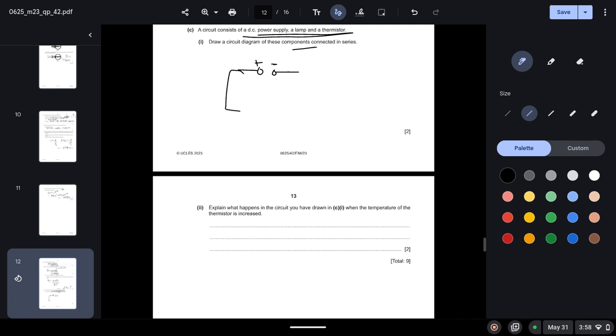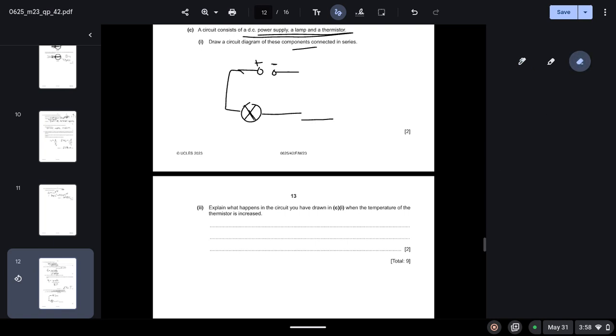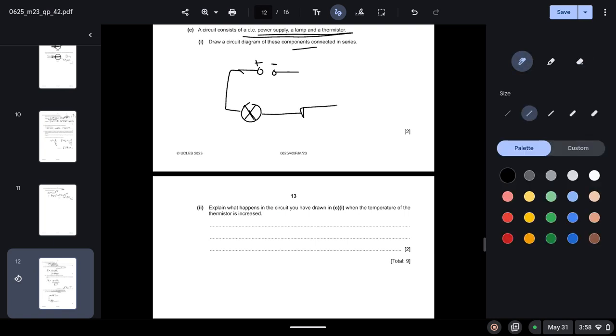Then you have your lamp, and then you have your thermistor, and you connect it in series. So this is how you will make the diagram. This is your lamp, this is your thermistor, this is your DC power supply.